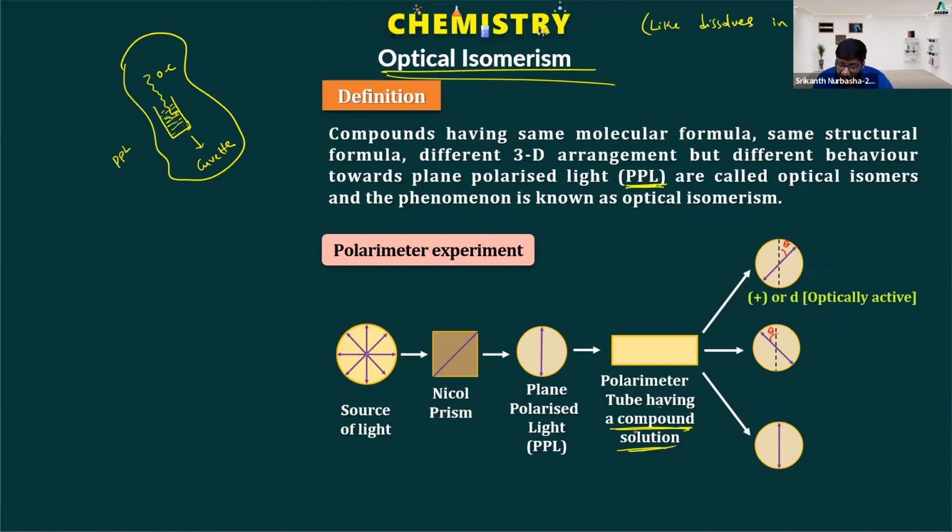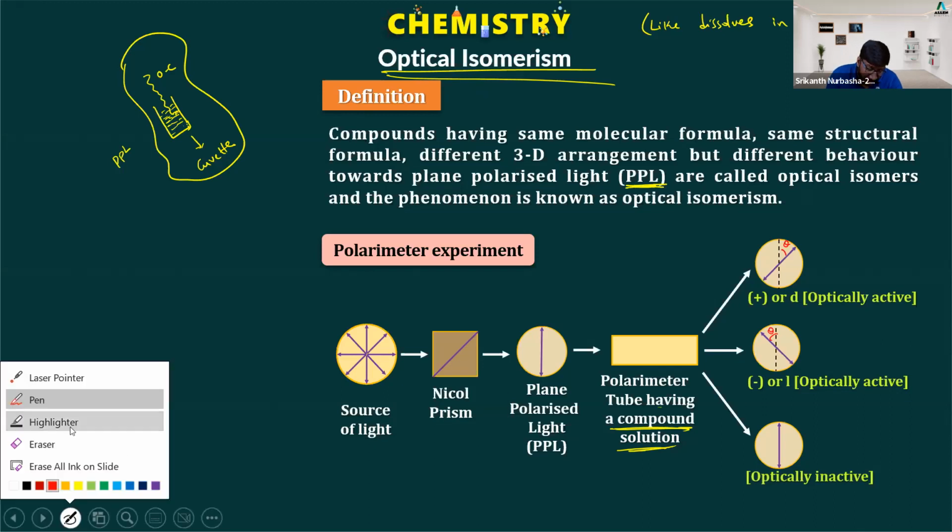When plane polarized light rotates in the clockwise direction by some angle theta, it is said to be dextrorotatory, or plus, or d, or optically active. d stands for dextrorotatory. If it rotates in the anti-clockwise direction, it is minus or l, which is again optically active. If it does not rotate the plane polarized light, it is said to be optically inactive.